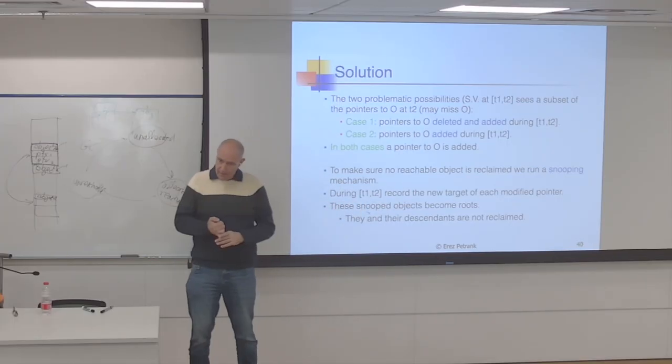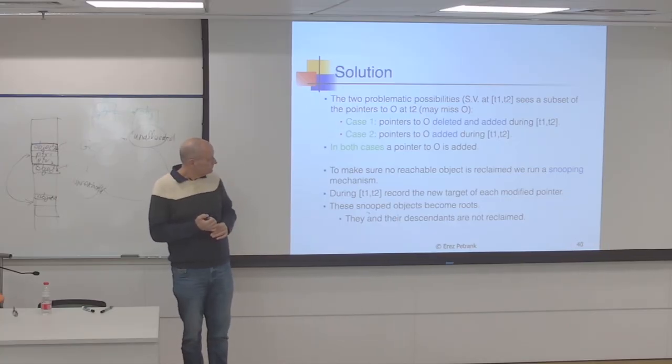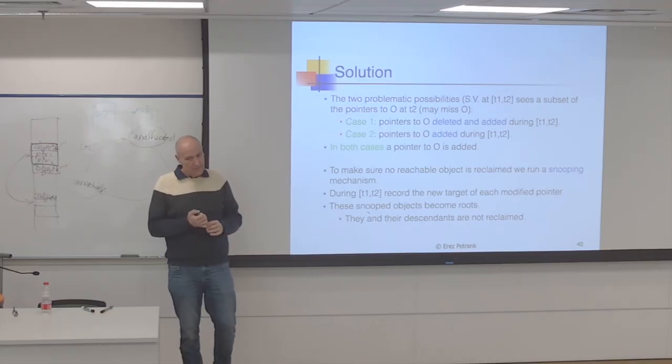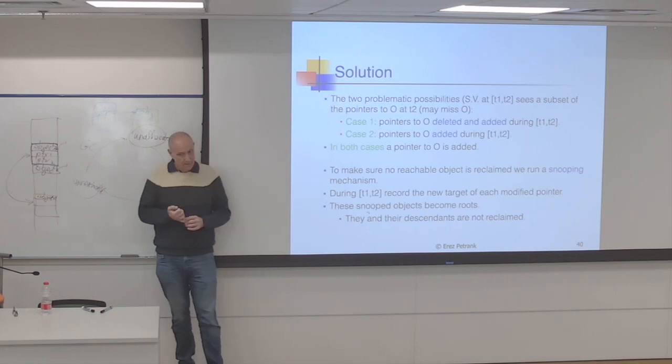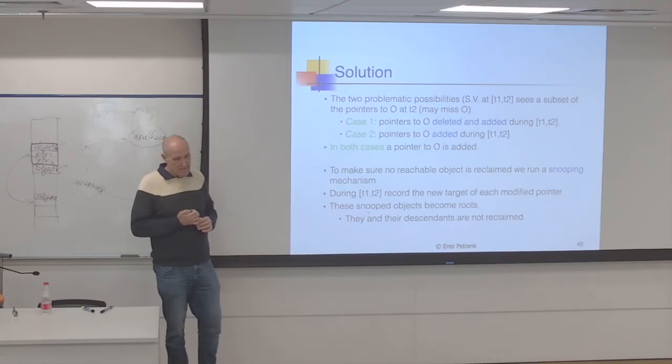I see the case two is problematic, but I don't really see how it would change the reachability. Would it be if an object is reachable from other objects that are in case one, or how do you get that?